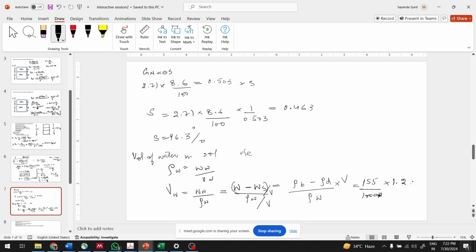This comes out to be 0.186 meter cube, which is the correct answer.